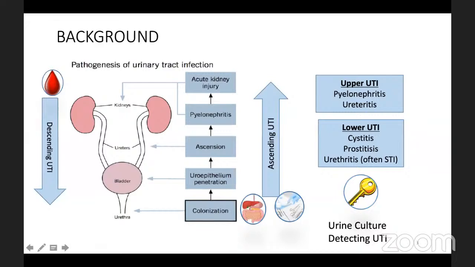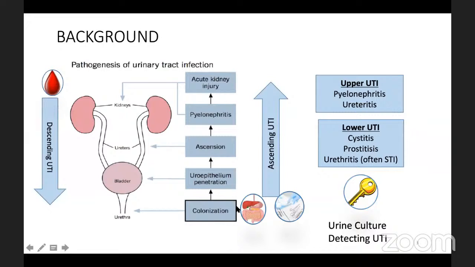So the most common type of UTI is the ascending. And usually the source of those infections are from enteric bacteria, from the environment, through instrumentation, and even through sexual intercourse.